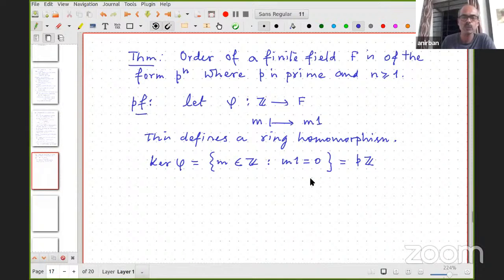That is just easy to see from the definition of characteristic, and that's a prime.